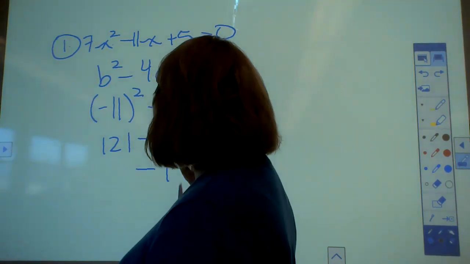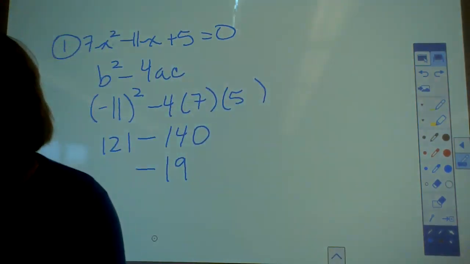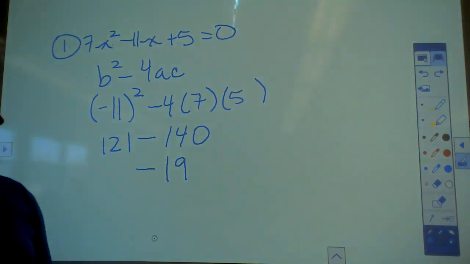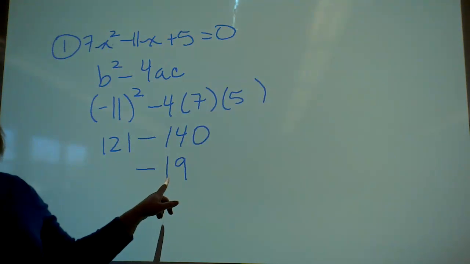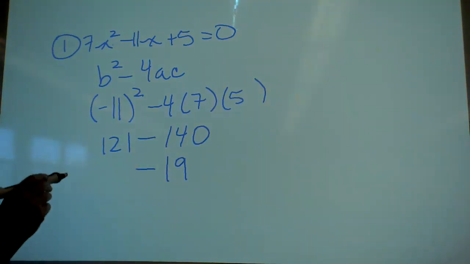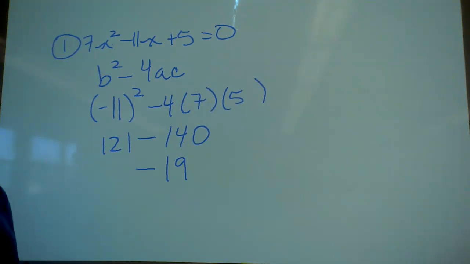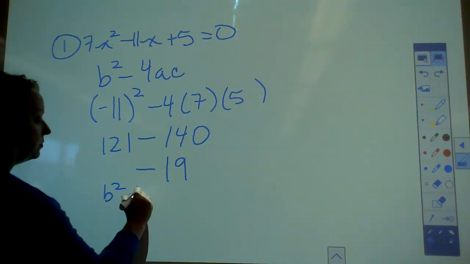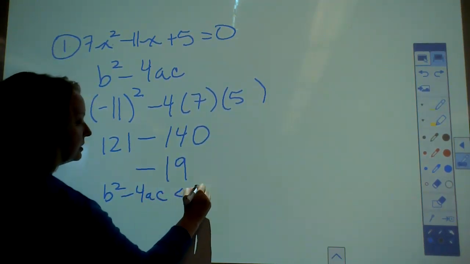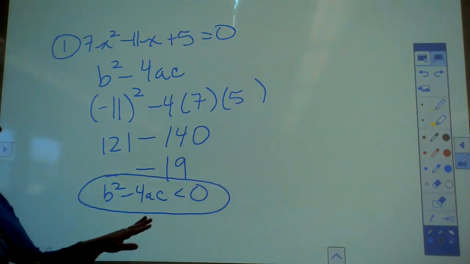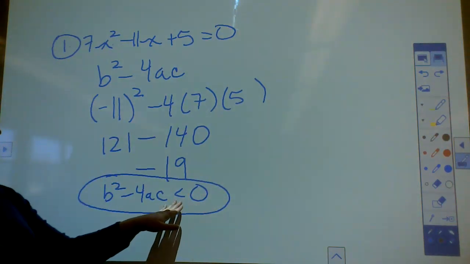So if we look at our chart on page 203, it says b squared minus 4ac is less than 0. This is the scenario that we have, where our discriminant is a negative 19.